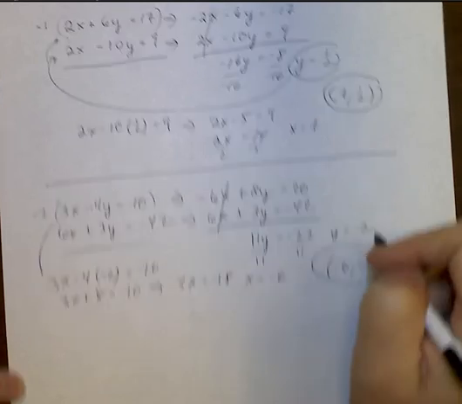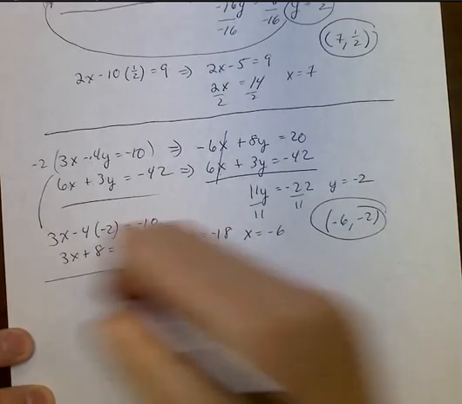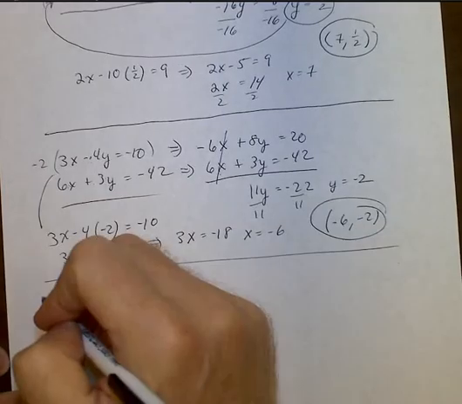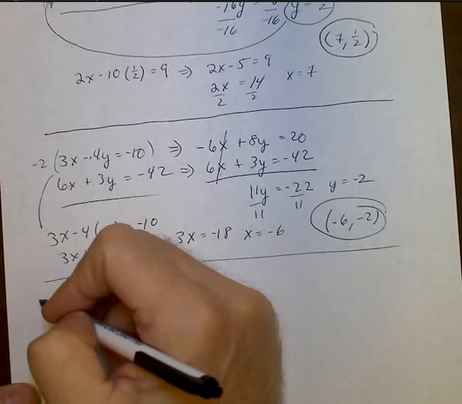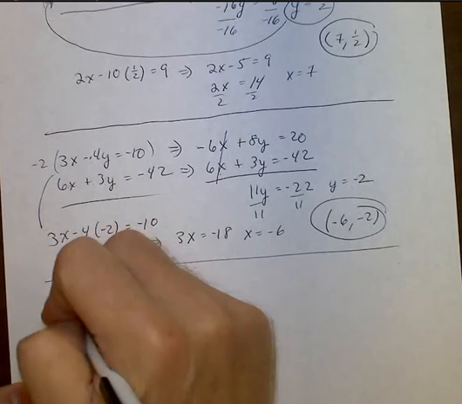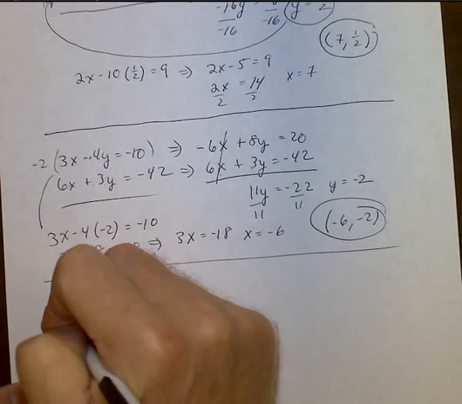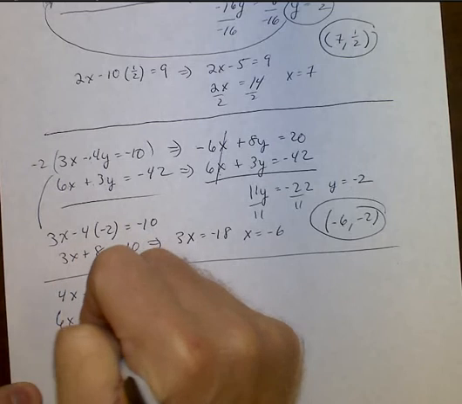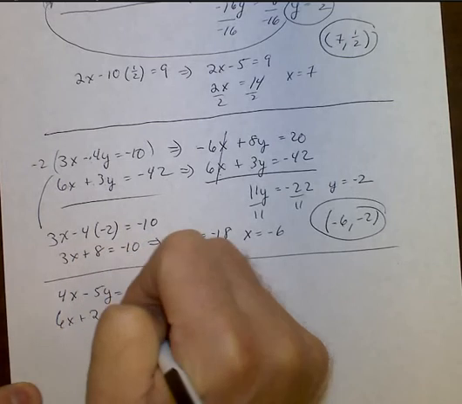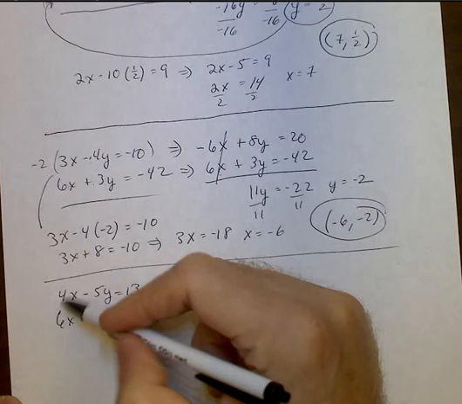All right, let's do one more. Let's do one where we have to multiply both equations. Let's do 4x minus 5y equals 13, and 6x plus 2y equals 48. Okay, I've got 4 and 6, 5 and 2.